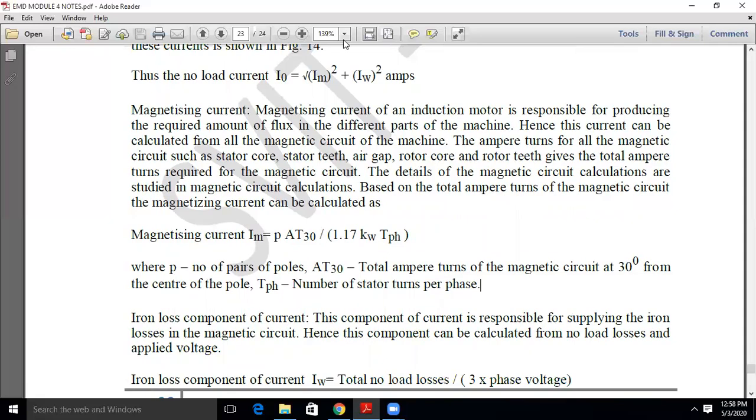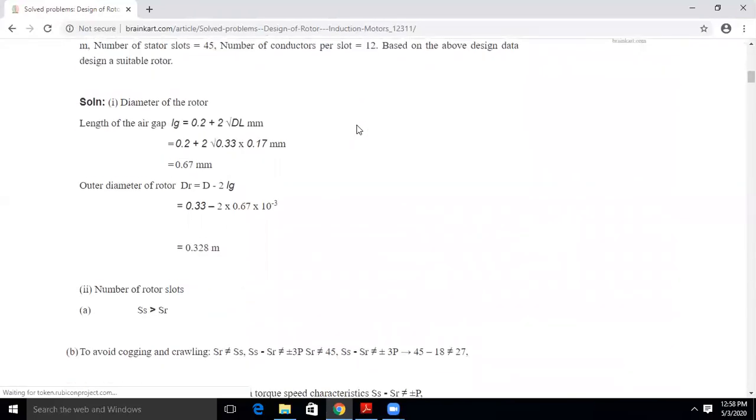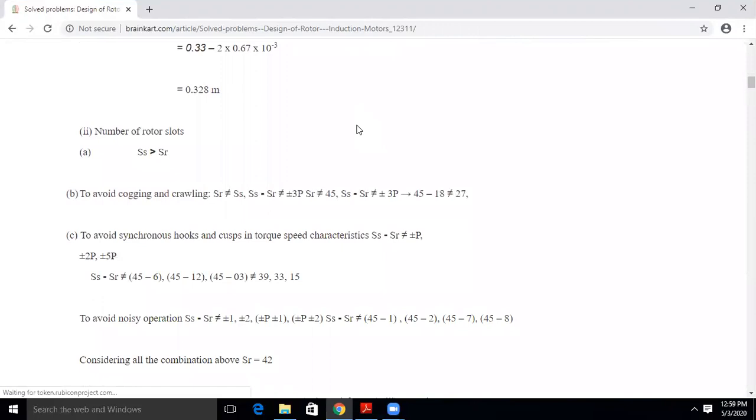We'll now see some examples. On the rotor, I have already discussed this thing, and this example is already completed.